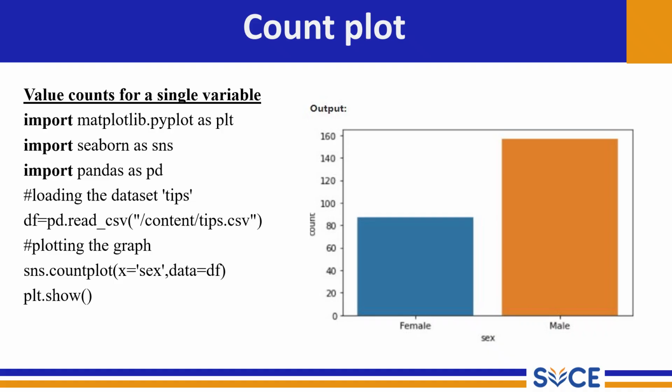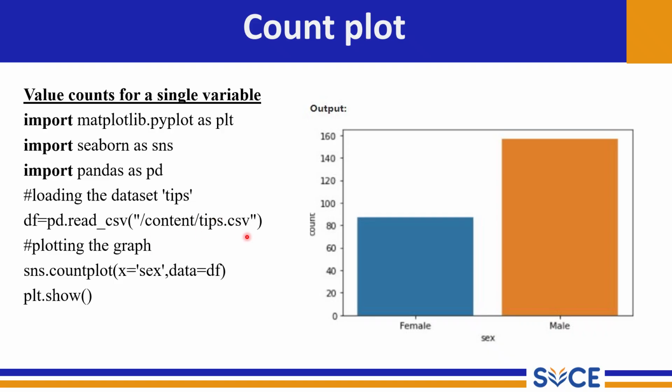And next is the count plot. This count plot represents what type of count you are going to use. Okay, so import matplotlib.pyplot as plt, and we are importing Seaborn as well as pandas. First we are loading the data set, like df is equal to pd.read_csv. This we have already discussed in unit 4, you can check it out.